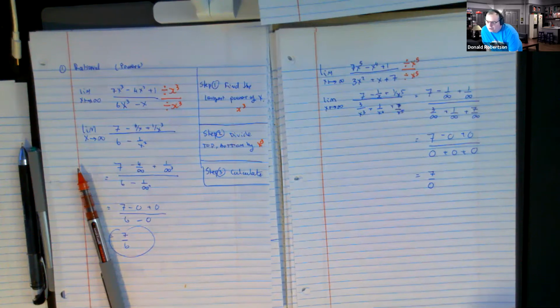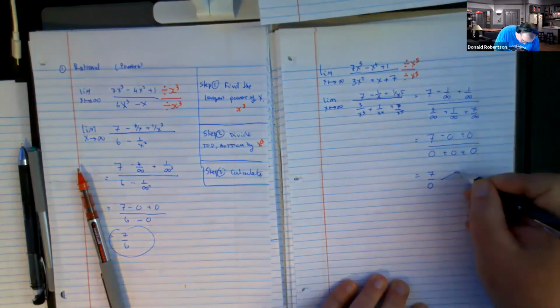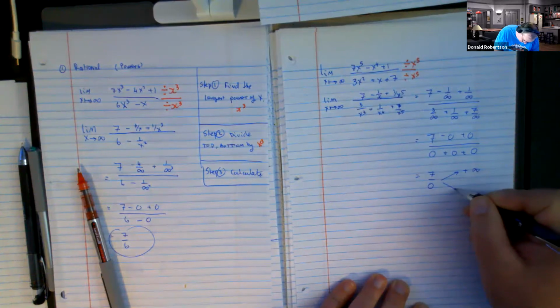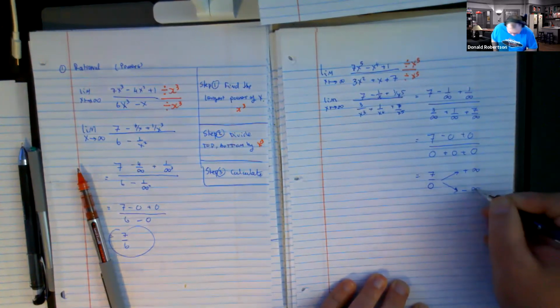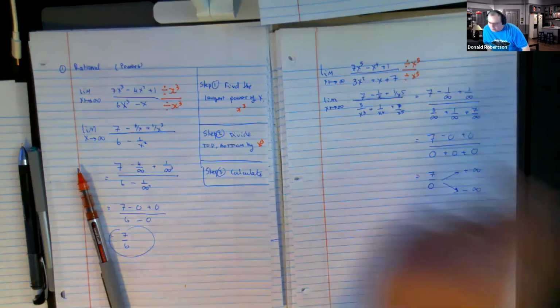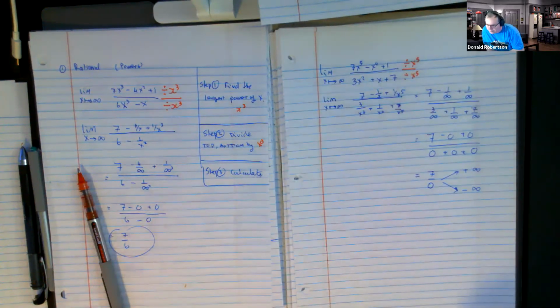And it's only one of two things in this particular situation. It's going to be plus infinity, although we don't normally write the plus, or it's going to be negative infinity. It has to be one or the other. It won't be both. It won't zigzag up and down. Not if it's a polynomial. Other things it might, but not if it's a polynomial.